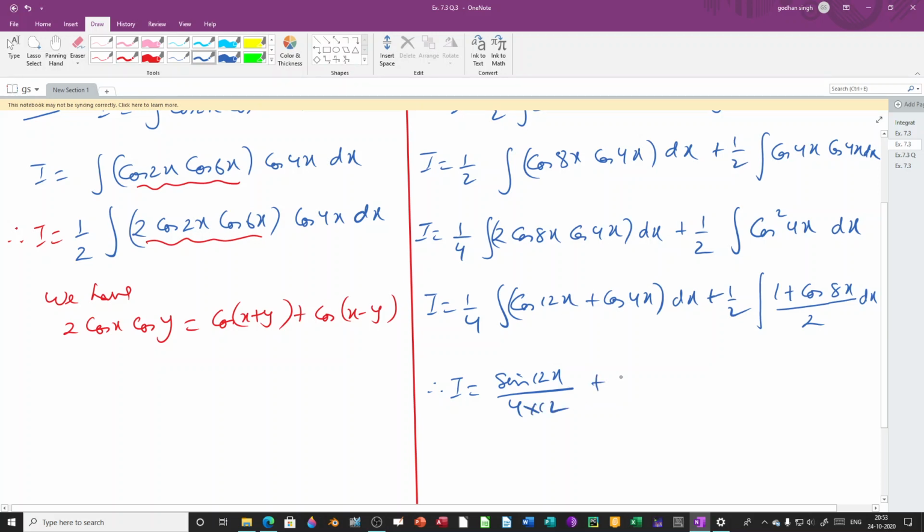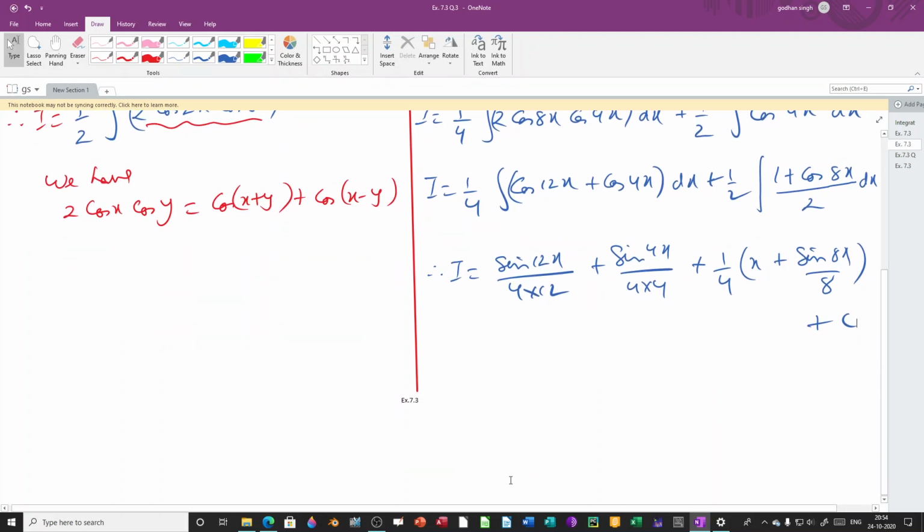In the same way here also we will be getting plus integration of cos 4x will be sine 4x over 4 into 4, and plus this will become 1 by 4, and integration of 1 is x plus, and integration of cos is again sine 8x over 8, and this will be plus c.